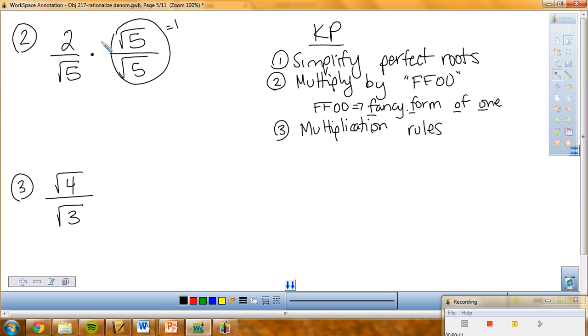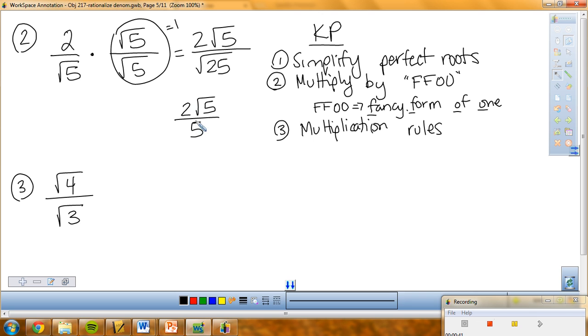So here if I multiply the outside, I'm going to get 2 times 1 is just 2, and the inside is the square root of 5, over the outside is just 1 times 1, the inside is the square root of 25, and here we get this perfect root, which is exactly why we multiply this times itself. We want to choose the fancy form of 1 that's going to multiply to give us a perfect square, and now I can simplify my perfect square so that I just have 2 radical 5 over the square root of 25 simplifies to just 5.